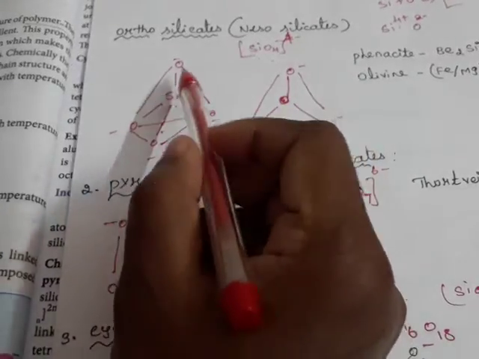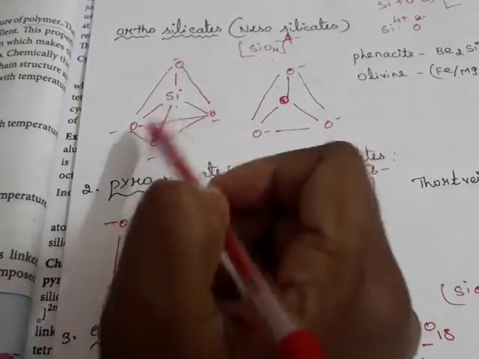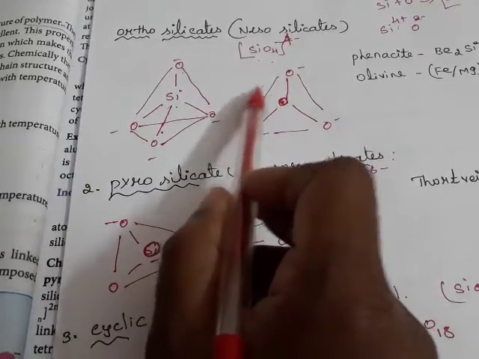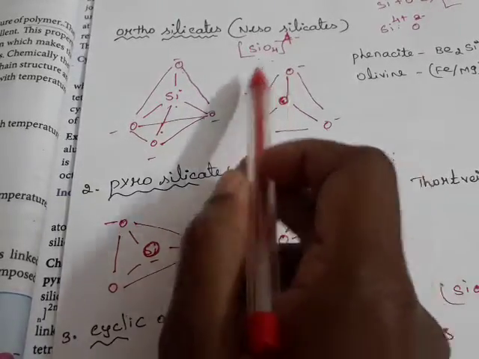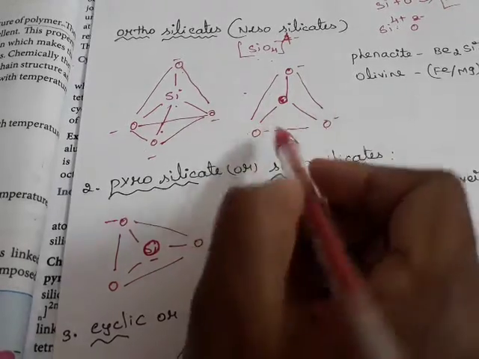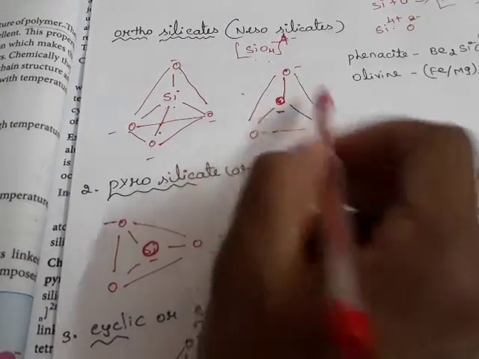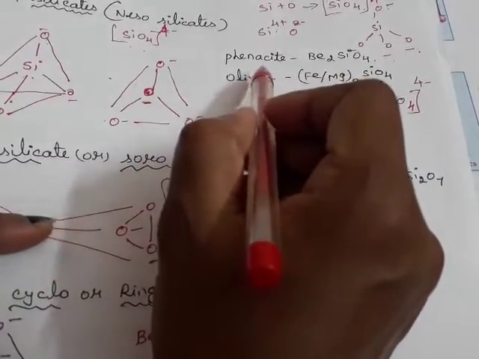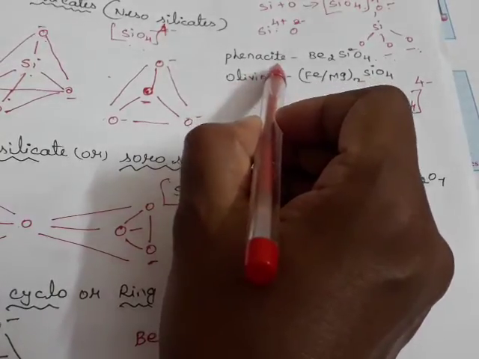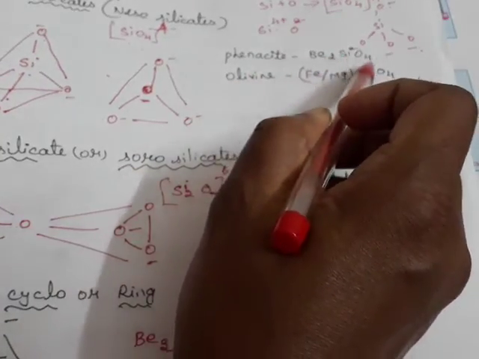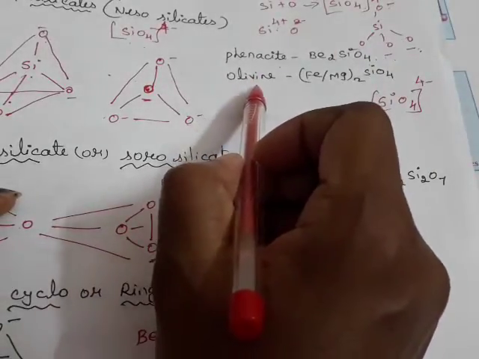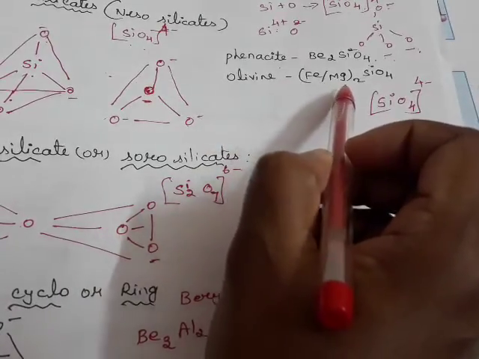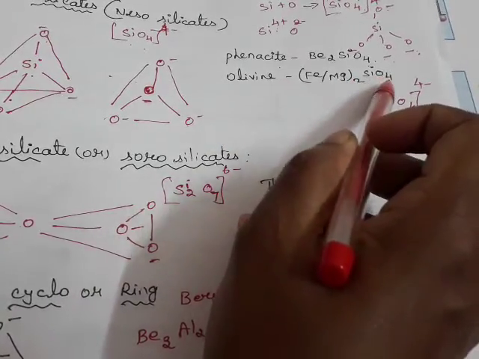In 3D, at the back side you have one oxygen, and that oxygen carries a minus ion. An example of nesosilicate is phenakite, with formula Be2SiO4. Olivine is also an example of the orthosilicates, with formula (Fe,Mg)2SiO4.